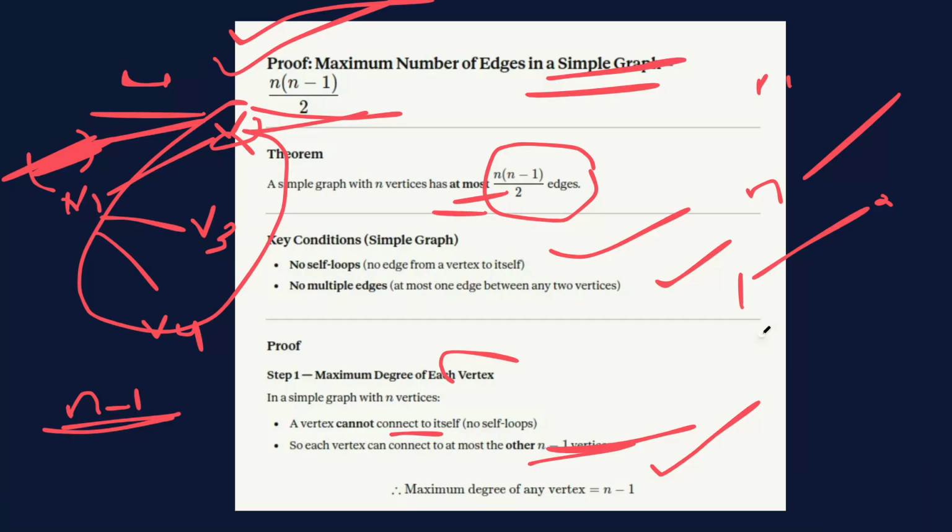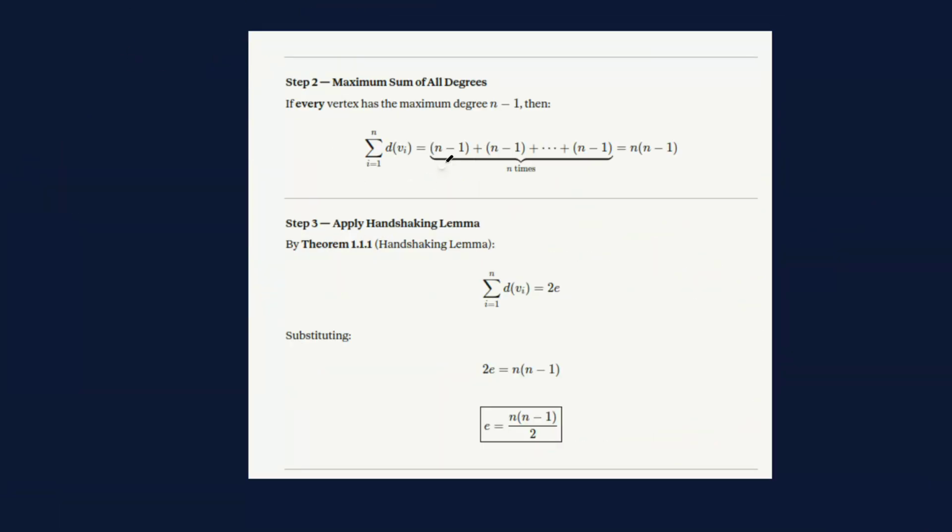So the maximum degree possible would be n minus 1. We know from the handshaking lemma the sum of the degrees. If you take the maximum degree to be n minus 1, and if you have n vertices, then n minus 1 you have to add n times. So if you have n vertices, the sum of all degrees would be what? N into n minus 1.